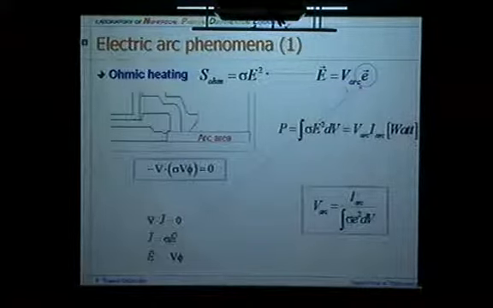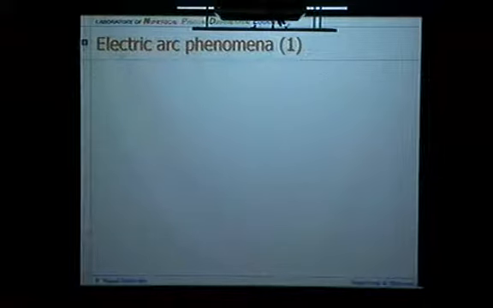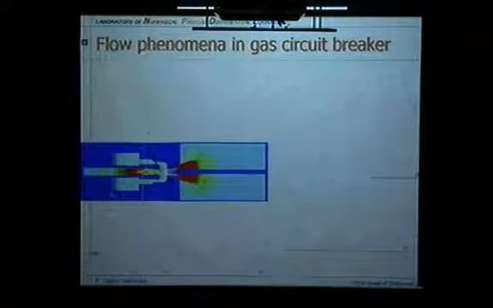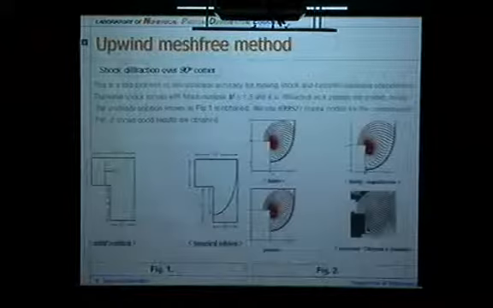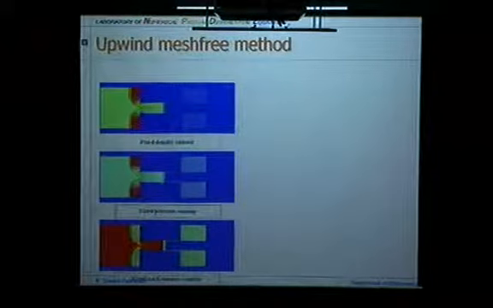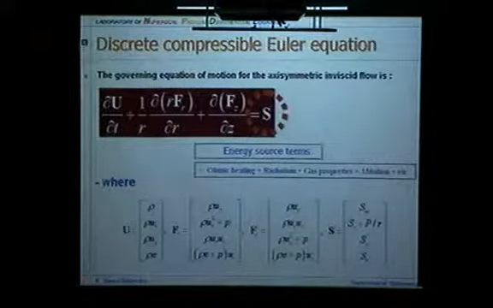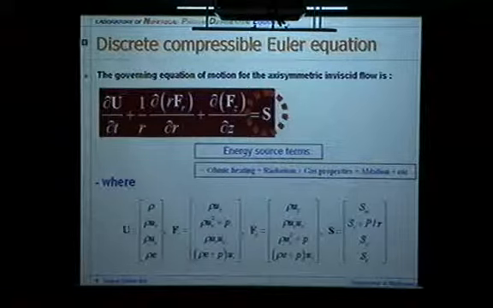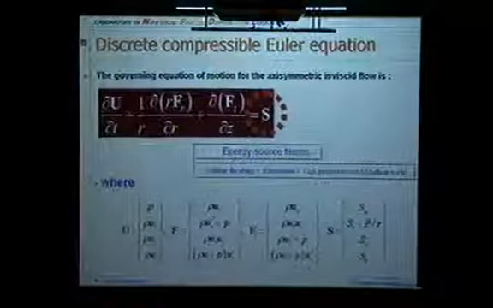So let's go back. I have to go to the fluid equations. It will come into this energy equation, the electric field here, and you see the Poisson equation sitting here.